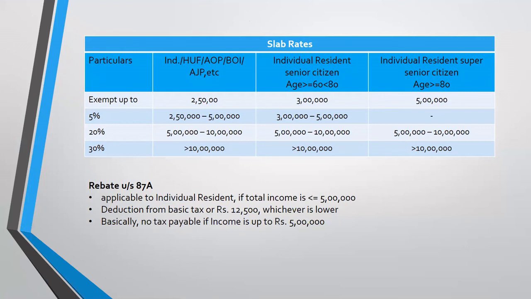So basically, you can say that no tax would be payable if income is up to 5 lakh. Because if the income is less than 5 lakh, then the tax calculated would be less than 12,500 and that would be given as a deduction to the individual as per section 87A.